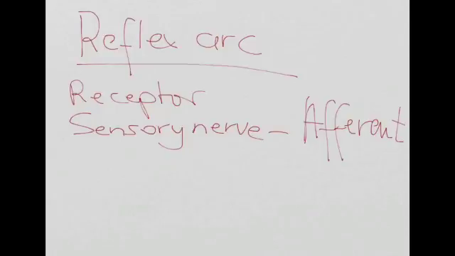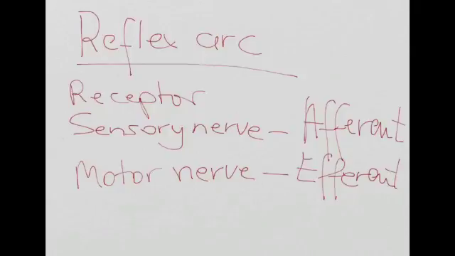And this is the afferent side of the reflex arc. In response, a motor nerve will carry the commands from the central nervous system to the periphery. These are the efferent neurons, or the efferent side of the reflex arc. Then we need an effector.